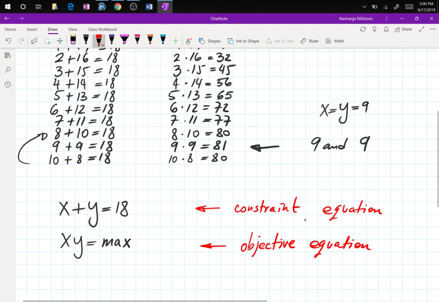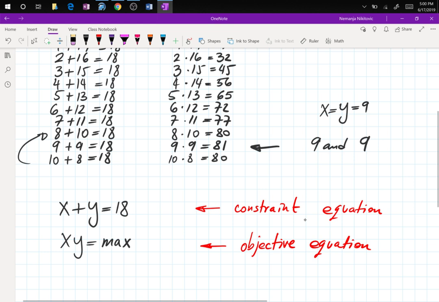You see, your objective says that the multiplication of two numbers needs to be maximum. Well, can I just say 100 times 100, right? That's going to be bigger than 81. But it has to be under the constraint that the numbers add to 18. Well, 100 plus 100 is not 18, so it's disqualified.